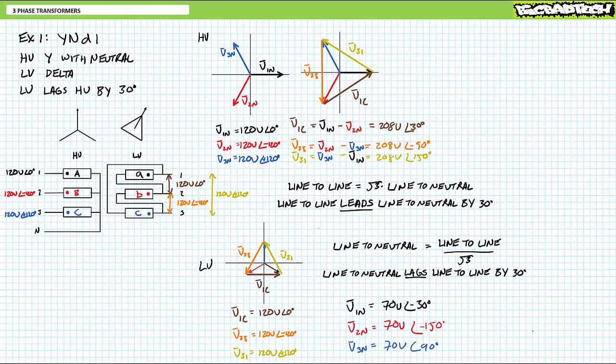Doing so yields roughly 70 volts at an angle of negative 30 degrees, 70 volts at negative 150 degrees, and 70 volts at 90 degrees. Check it out. The reference line-to-virtual-neutral for the delta-configured output lags by 30 degrees, hence the 1 o'clock designation.